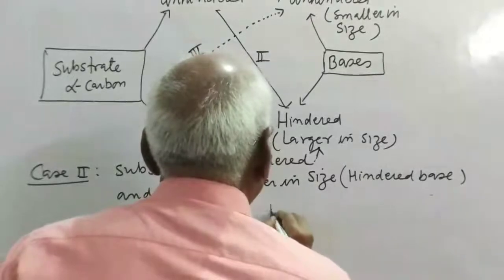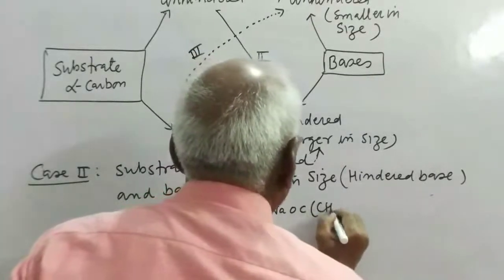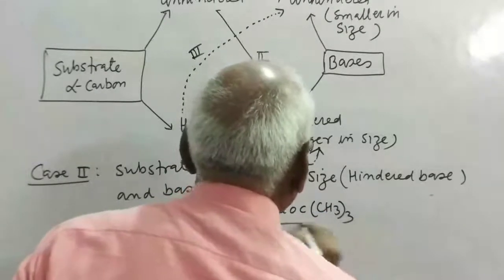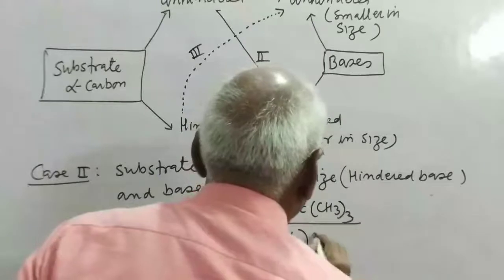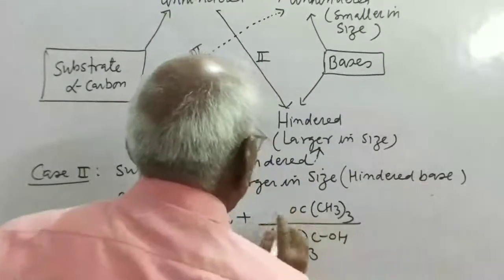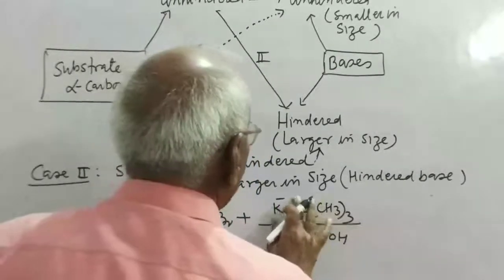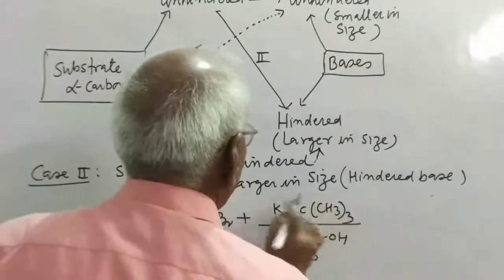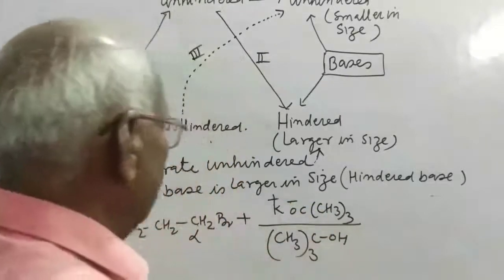So this is potassium tert-butoxide, (CH3)3COK, in butanol. The reaction is going to take place in presence of potassium tert-butoxide in presence of butyl alcohol.